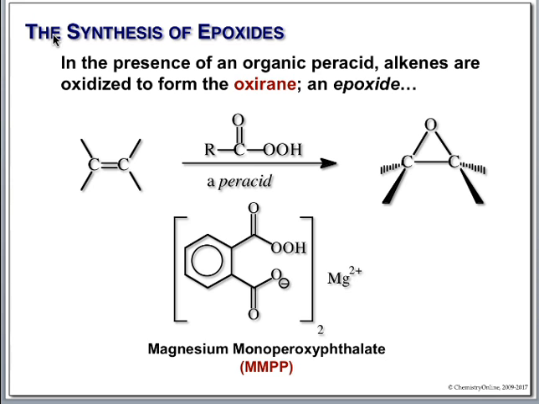If one of them is a peracid, as the magnesium salt, this is just a really nice reagent to work with. Nicely soluble, easy to get rid of, and the whole reaction just works really well. Quite often you'll just see alkene plus MMPP. Remember, MMPP means peracid. Any question?